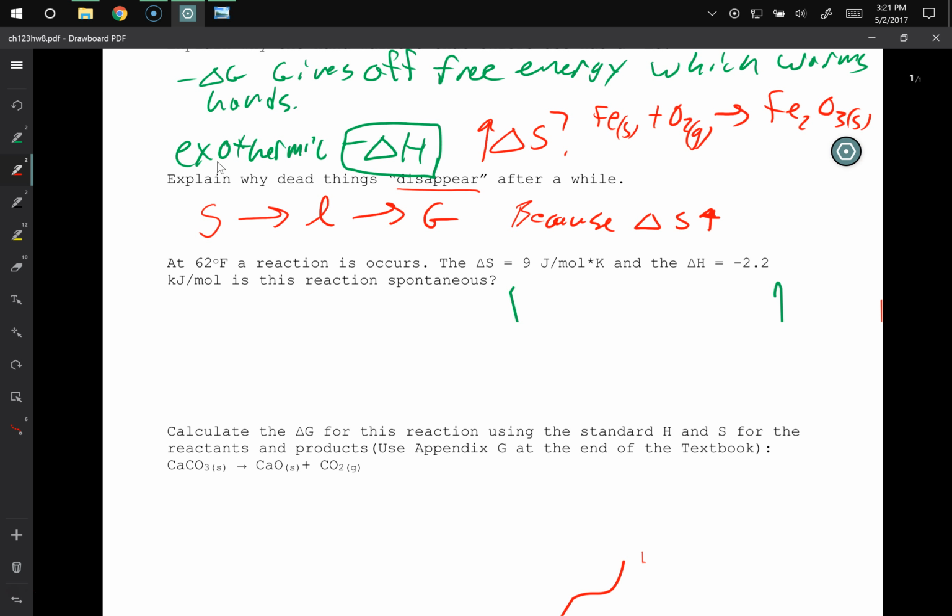Okay, so we've got 62 degrees Fahrenheit. That wasn't very nice. So 62 minus 32 times 5 divided by 9. Did I get that backwards? Yeah, let's see. 62 times 5 divided by 9 minus 32, something's wrong there. 62 minus 32 times 5 divided by 9.